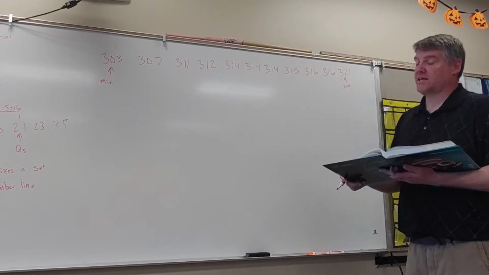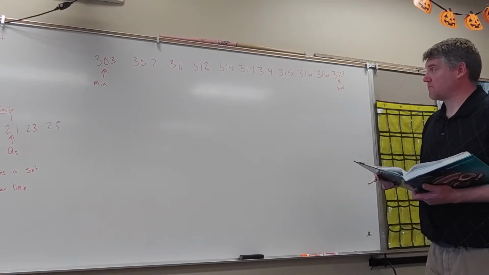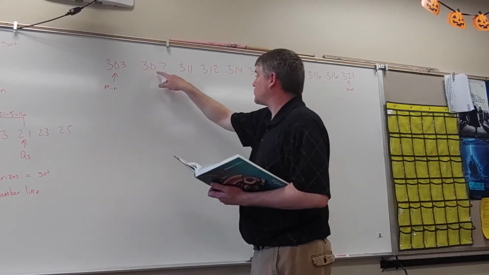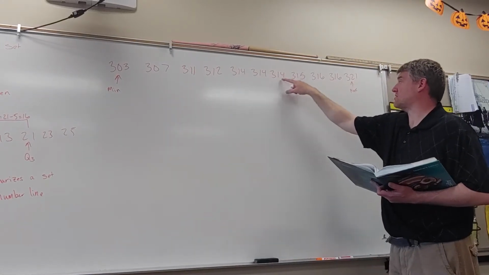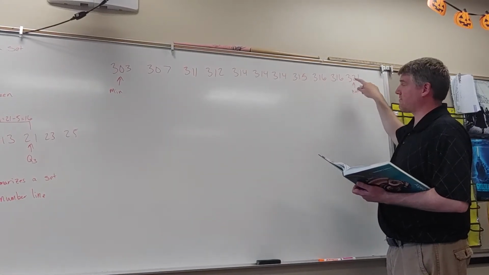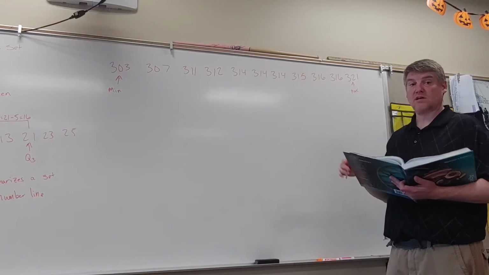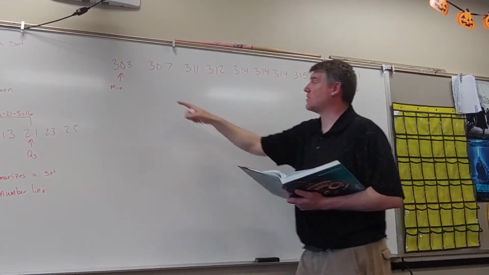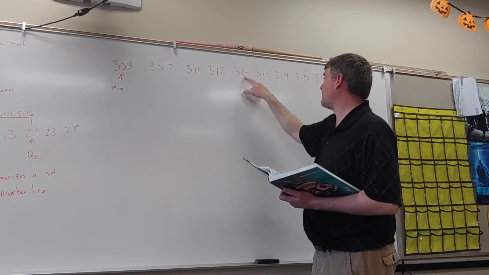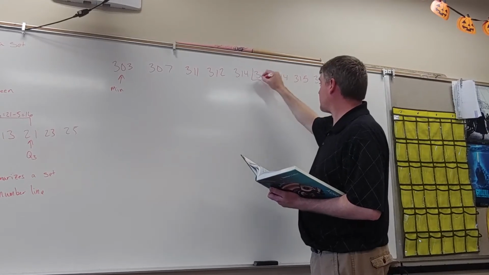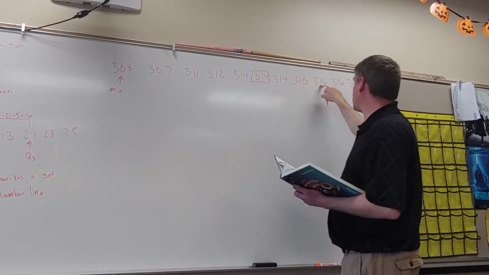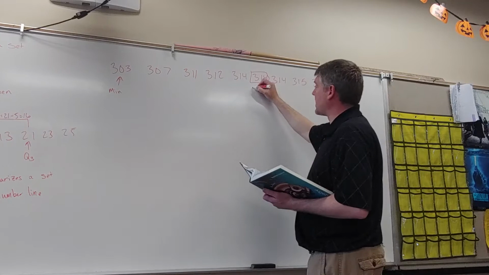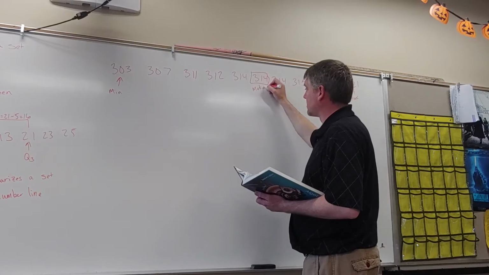So the first thing I need to do is find my median. So 1, 2, 3, 4, 5, 6, 7, 8, 9, 10, 11 data points. So I'm going to have 5 on each side. 1, 2, 3, 4, 5. Okay. 1, 2, 3, 4, 5. So this is my median.